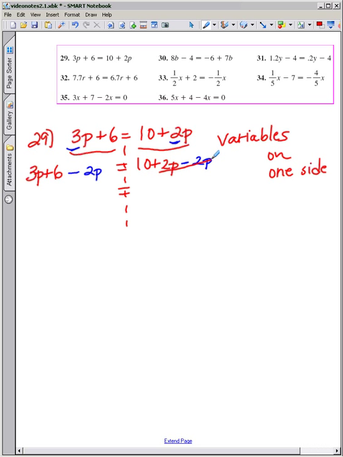Well, those go to 0, right? The 2p's do, so that right side just reduces to 10. On the left side, we can now combine some like terms. 3p minus 2p is 1p, or just p, plus 6 remains. So we have p plus 6 is equal to 10. Now we need to get the p by itself, so we've got to get rid of this plus 6. Well, the thing that will eliminate a plus 6 is, you guessed it, right, subtracting 6.